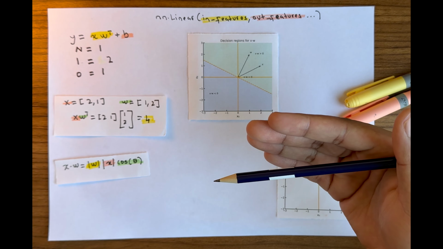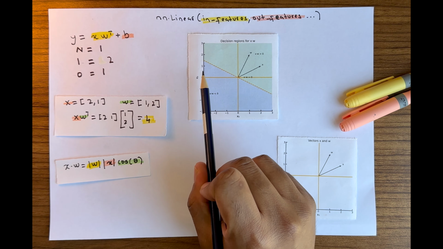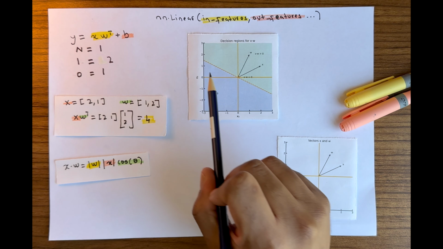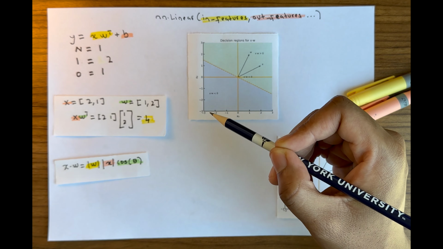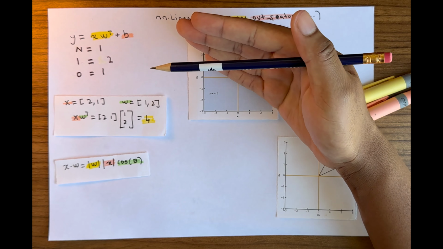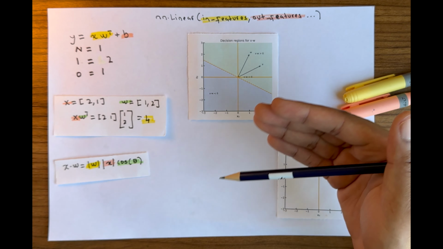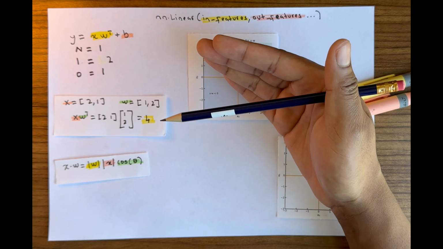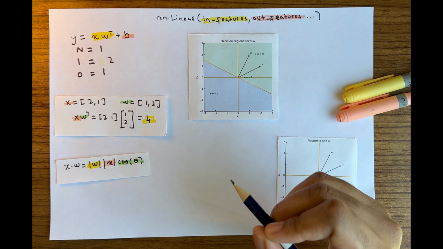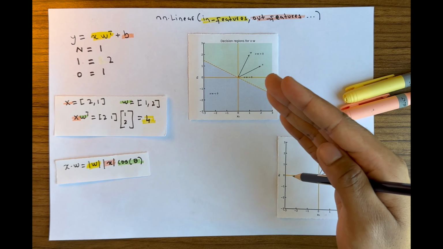All the points X for which X times W is equal to 0 will form this boundary, this dash here. Any coordinate that gives a positive result when we multiply it with W will end up in this region here. And any coordinate that gives a negative result will fall in this region. So the direction of this W defines how the neuron separates the space.